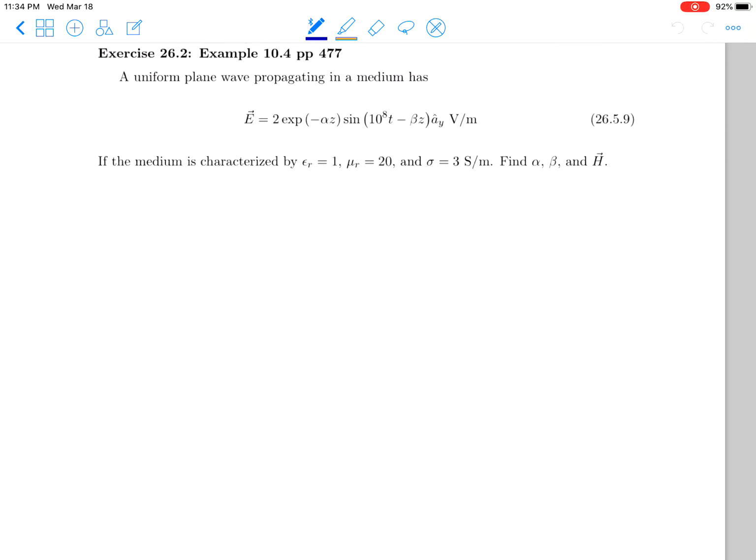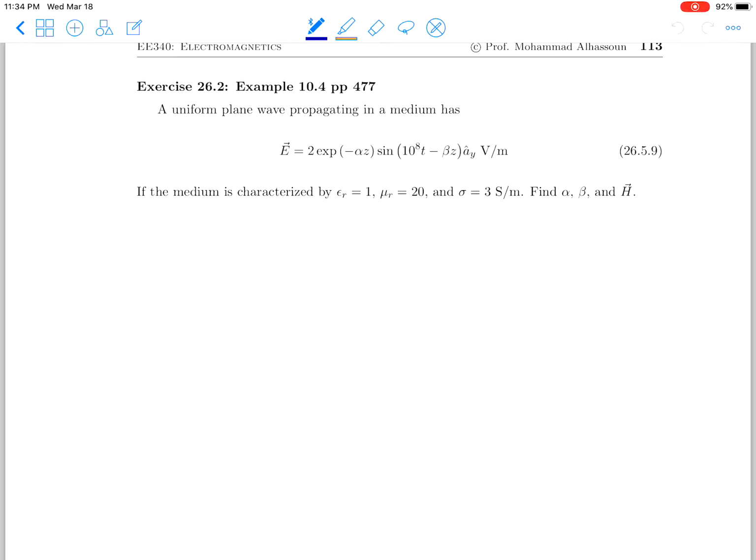So the second problem is asking us: we are given a uniform plane wave that's propagating in a medium that has a specific electric field. The medium is characterized by epsilon relative equals 1, a specific relative permeability, and 3 Siemens per meter as a conductivity.